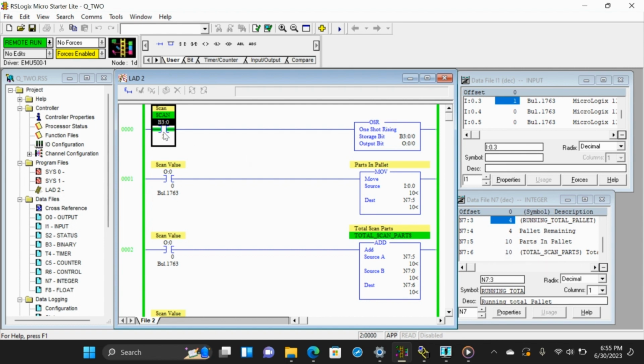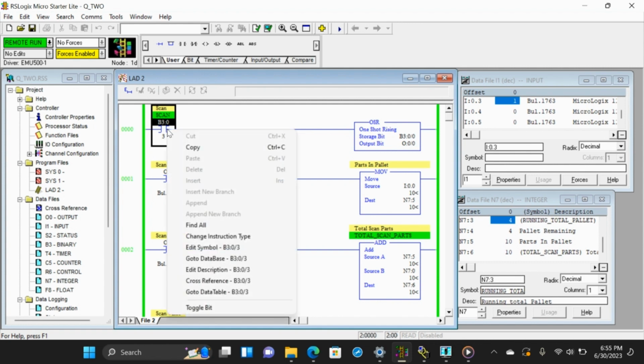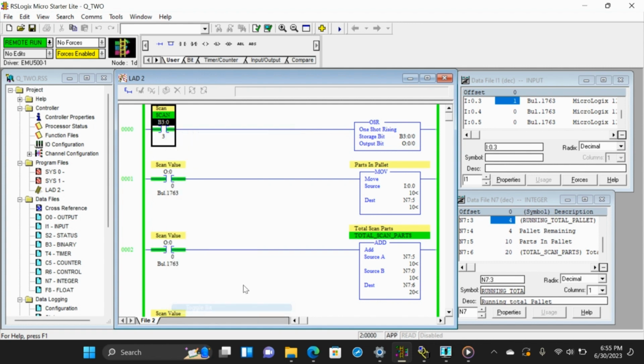Similarly, if I scan another barcode, my remaining pallet count is 3 because I already scanned two barcodes. Each pallet consists of 10 parts, so my total scanned parts will be 20.